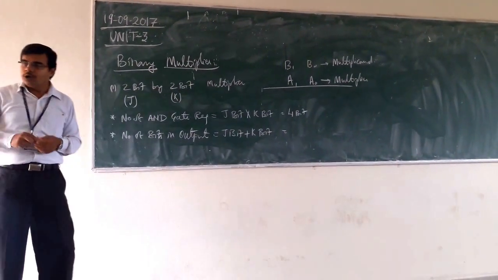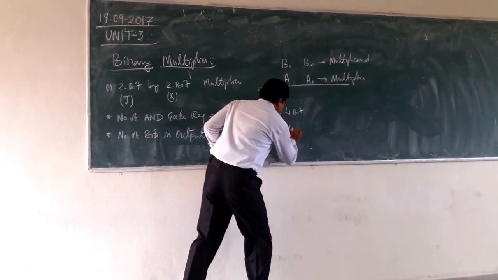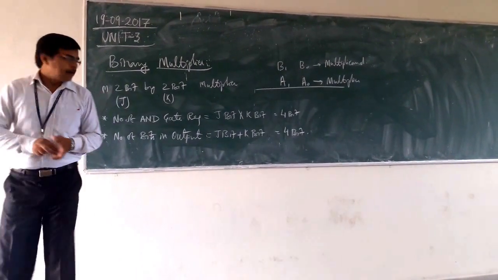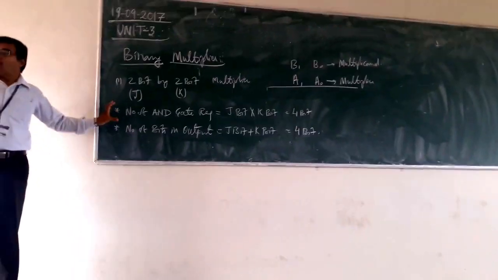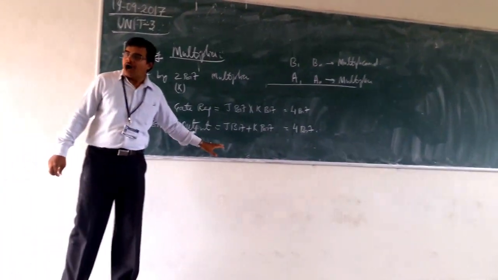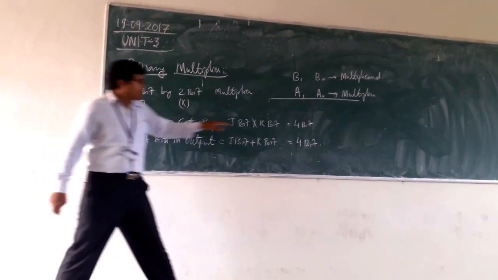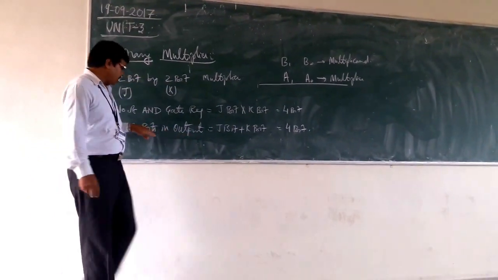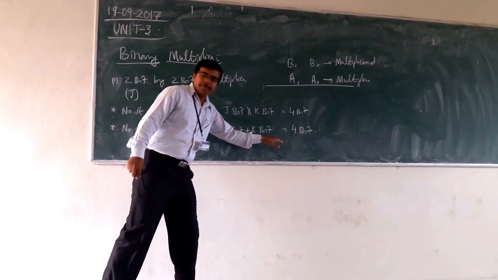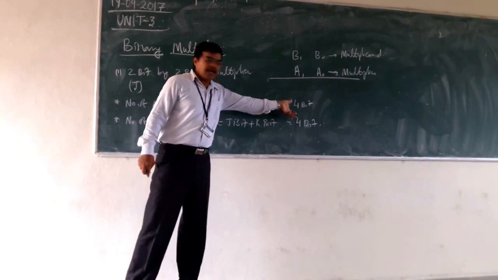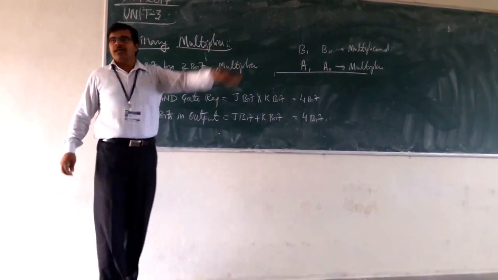This is the broad guideline on which we can go for design. So the number of gates is the multiplication of these two, and the number of bits in the output is the summation of these two. Having the idea about these two, now we can go for the designing.